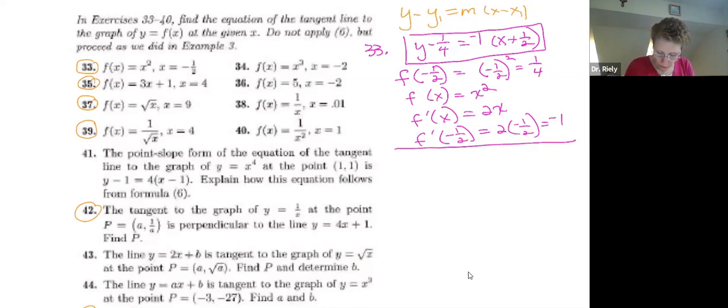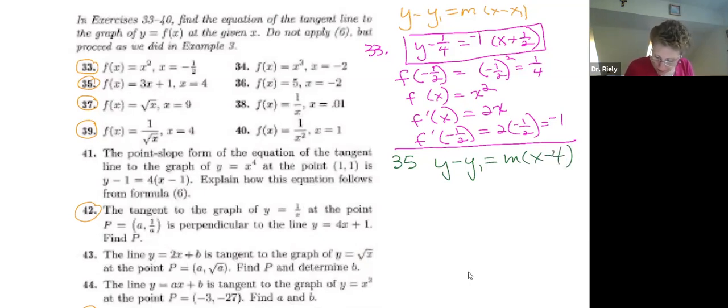Let's go on and we'll do 35. We're going to follow the same plan. I'm going to say y minus y1 equals m times x minus x1. Looking at 35, I see that x equals 4. So right away, I'm going to replace that x1 with a 4.